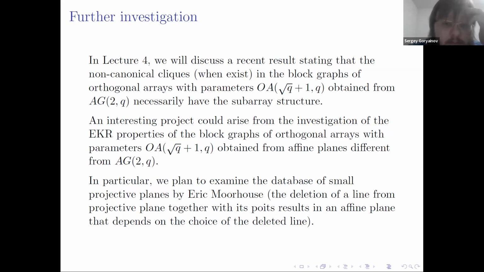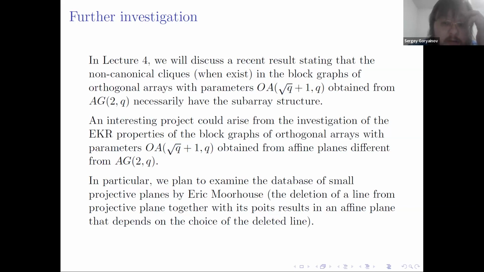But an interesting project could arise from the investigation of the EKR properties of the block graphs of orthogonal arrays with parameters OA(√q+1, q) obtained from affine planes different from AG(2, q). In particular, we plan to examine the database of small projective planes by Eric Moorhouse.